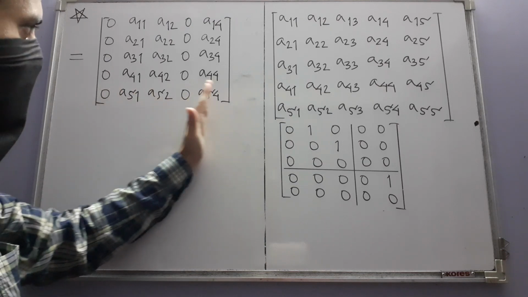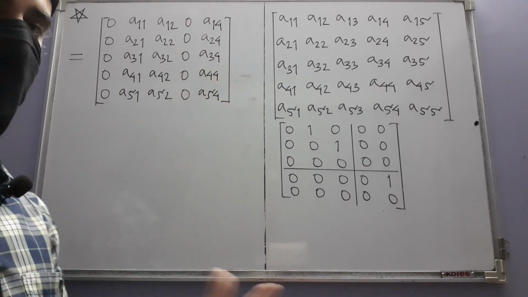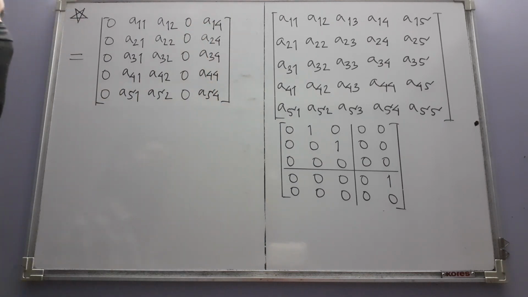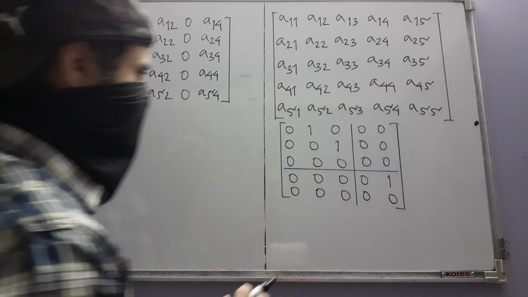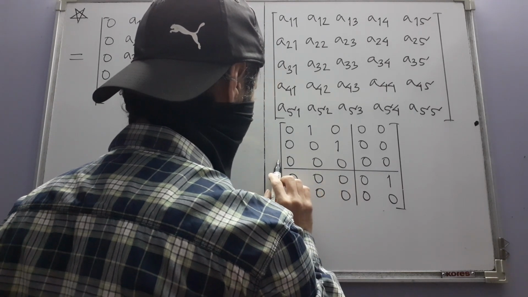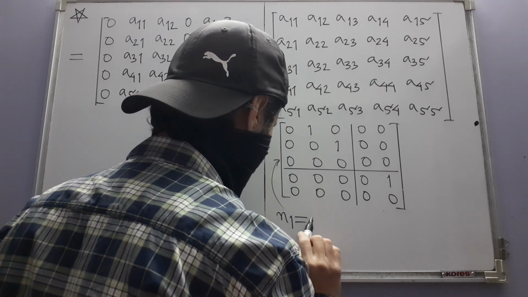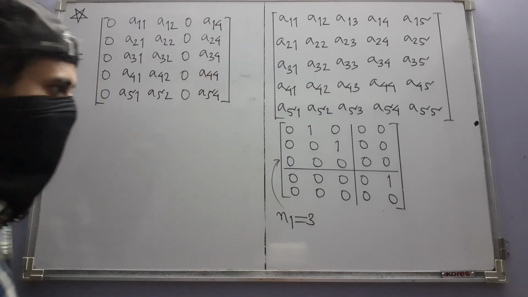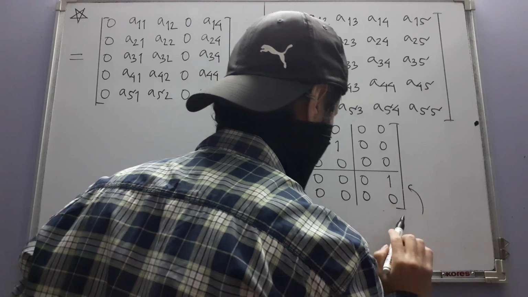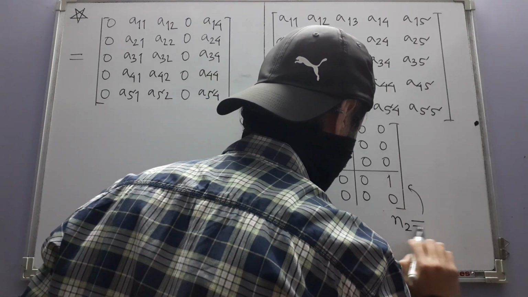That's because there has been a shift, so here itself everything ends. Okay. What was our N1? N1 was 3 and N2 was 2.